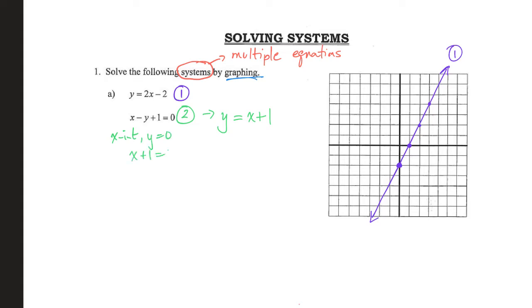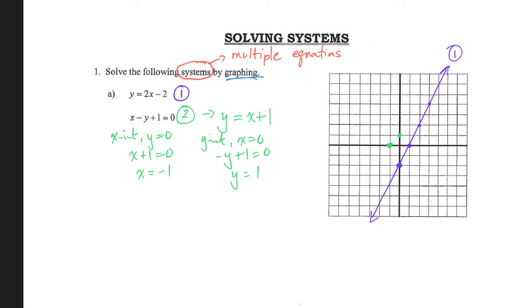So x plus 1 equals 0, x equals -1. And then my y-intercept means my x value equals 0, and so -y plus 1 equals 0, and so y equals 1. Well, I can plot my x-intercept at -1, and I can plot my y-intercept at 1.